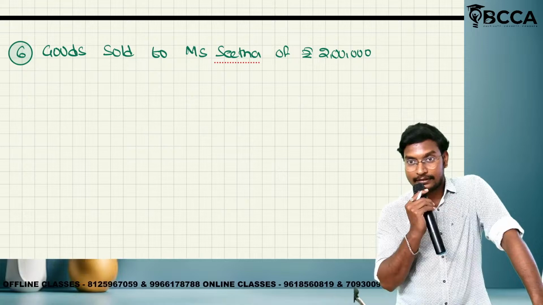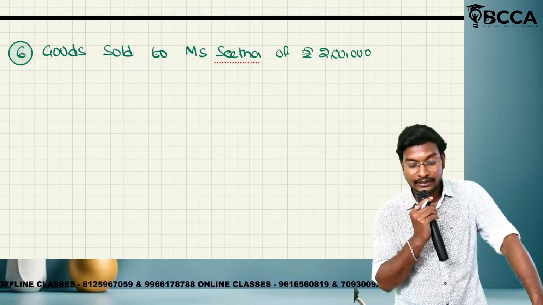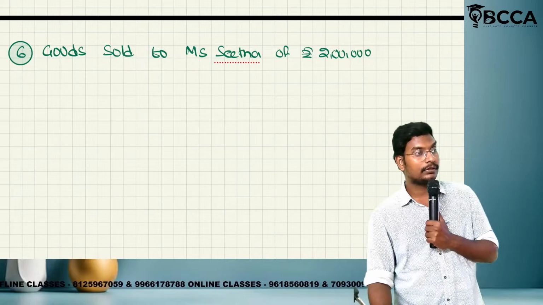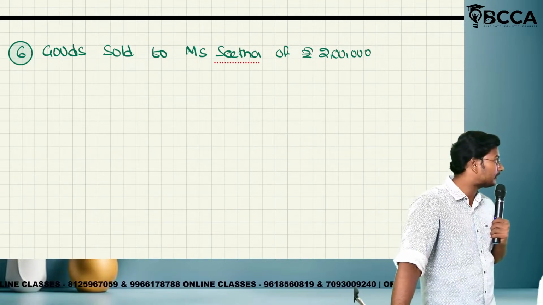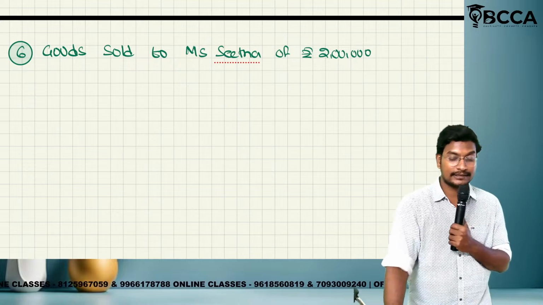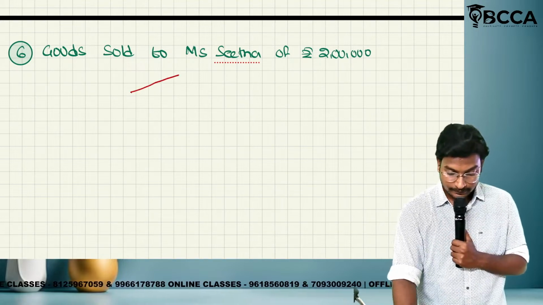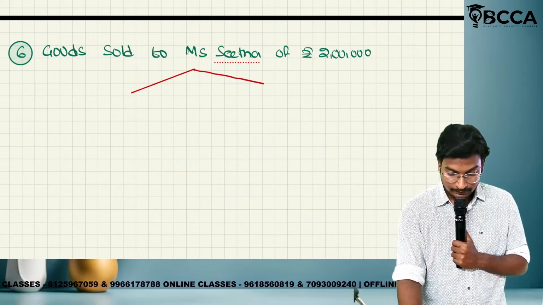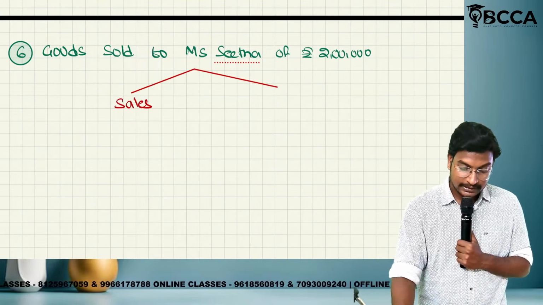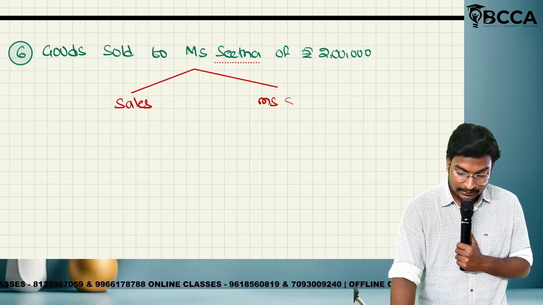Credit transaction. So here what are the outcomes? Sales and Sita. Because we are selling the goods or we are selling an asset? We are selling the goods, so the outcome is called sales. So sales and Miss Sita.